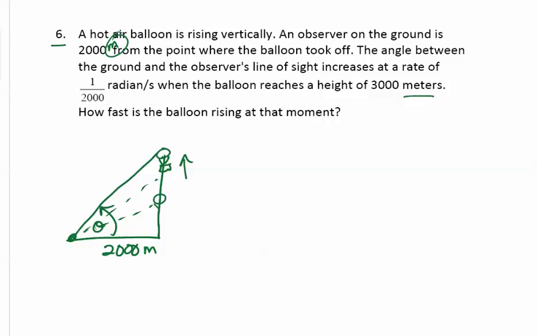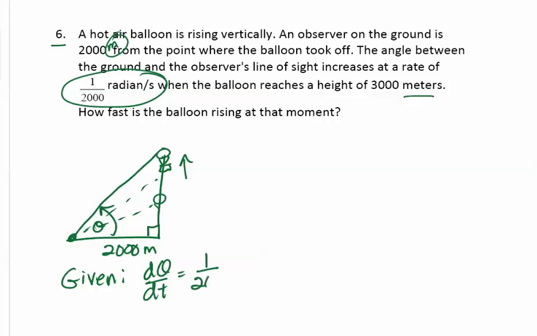We don't know the value of theta, which keeps changing, but the rate at which it's changing is given to be 1/2000th radians per second. Our question says, how fast is the balloon rising? We can call this a y coordinate or an h for height, so we are looking for either dy/dt or dh/dt, your choice of variables.